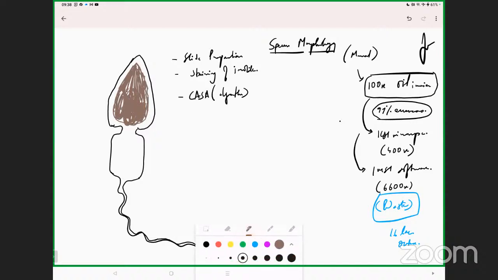It is the shape of the head of the sperm which decides the acrosomal reaction. The Golgi apparatus is located on the top, which forms approximately 60 to 70% of the cap, and that is the acrosomal reaction. And this acrosomal reaction is absolutely mandatory for any form of fertilization to occur.